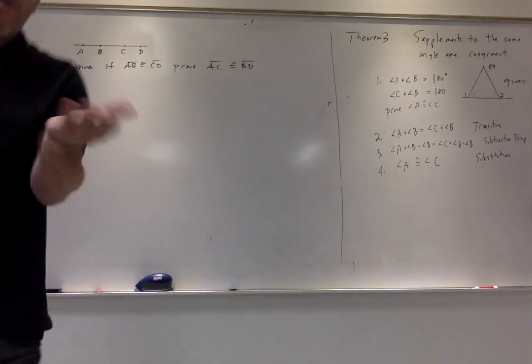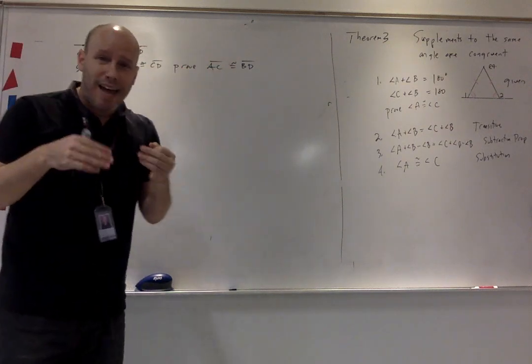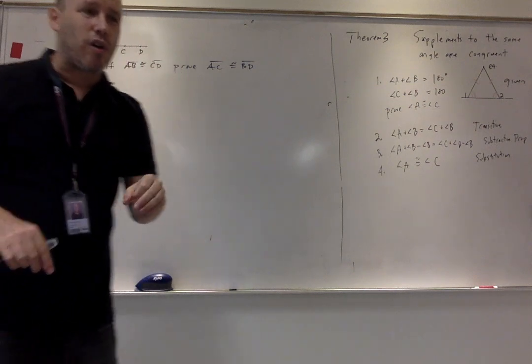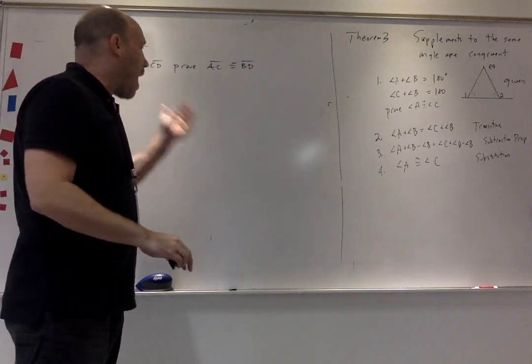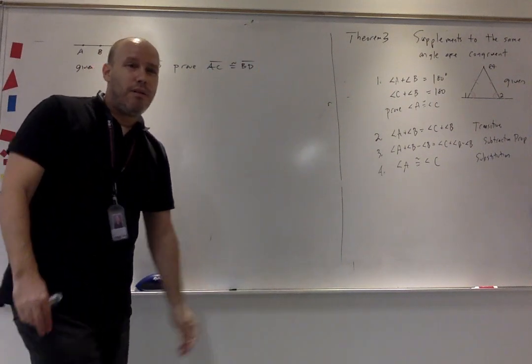Once again, some of you might look at this and say, oh, it's obvious, I can see it. But once again, we're going step by step, slowly but surely. So I want you to think about this. How can we prove this in a two-column proof?